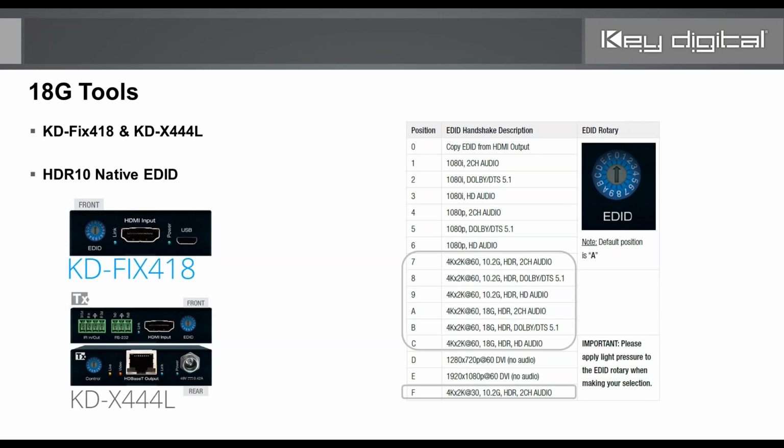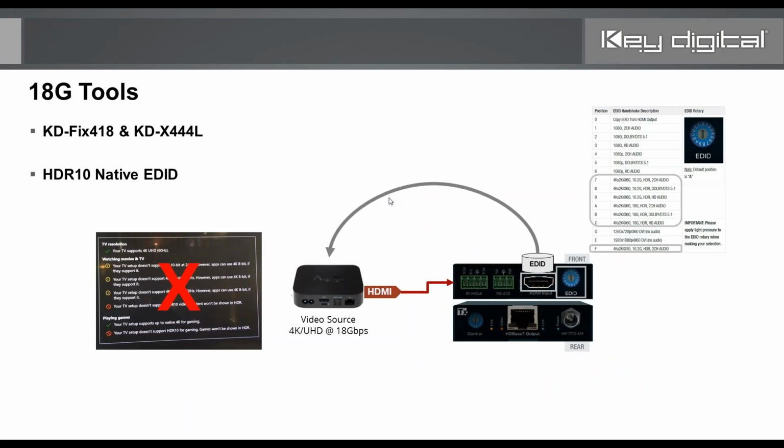This is very, very important, because previous 4K handshakes that don't have HDR on them would mean you'd have manual setup of your 4K sources, you'd have to go in their menu in order to output the HDR. So this is more like connecting directly to an HDR supported 4K display. So very, very nice here.